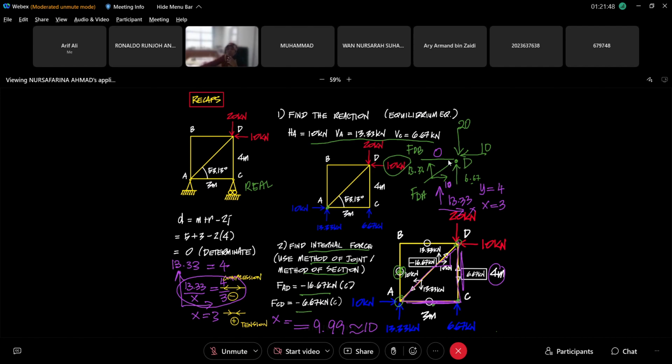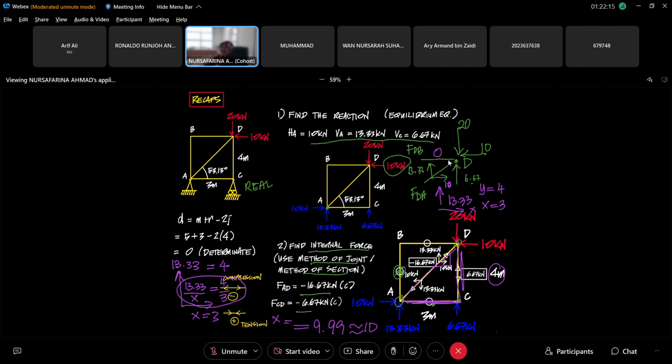This is only once or twice a joint. Let's say if you have 10 joints, you would not write the method of joint with so much writing. If I said, if you write so much, the mark is only 10. Why? We do not count it, because you have learned that part in statics.